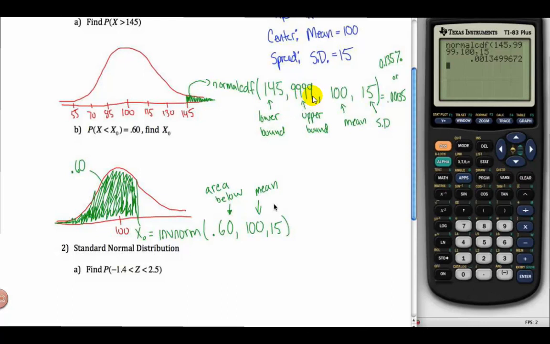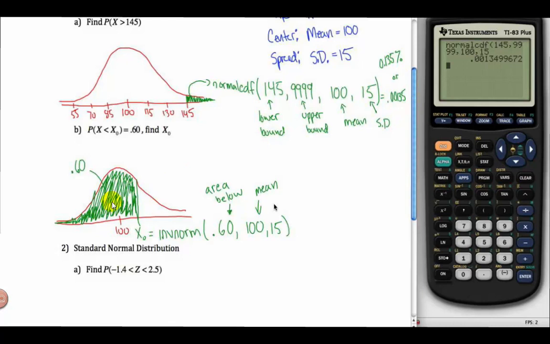You just want to make sure it's a big number. Then what is the mean and what is the standard deviation? And it will find out for you. It will give you this value, 0.0013. Now if they want it as a percent, we have to make sure we write down the answer. So it would be in this case 0.135%.